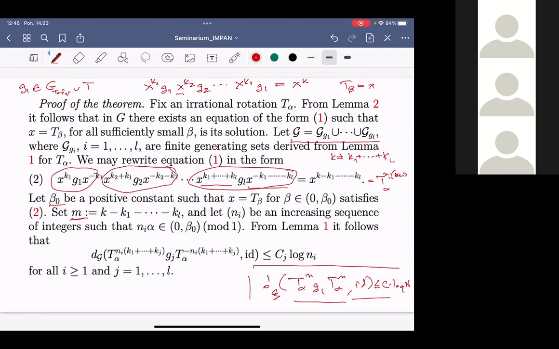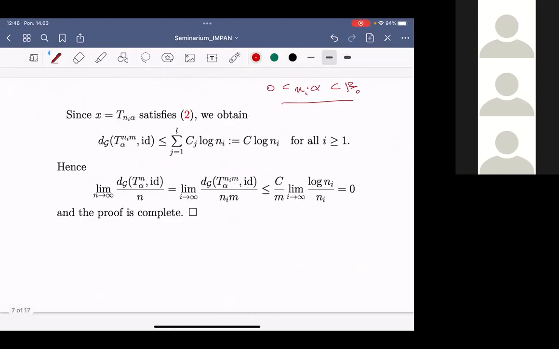So we see that the length of this is less than or equal to the sum of all these lengths. It is written here. It is less than the sum from j equals 1 to L, C j times log ni. But this is bounded from above by some constant C log ni. And now we see that this growth is sublinear.